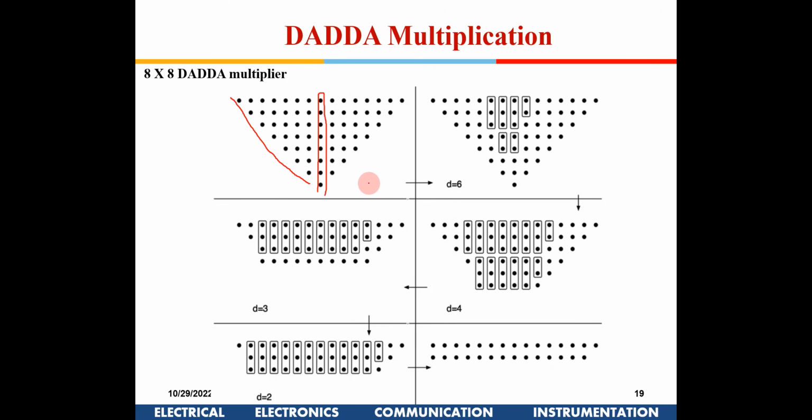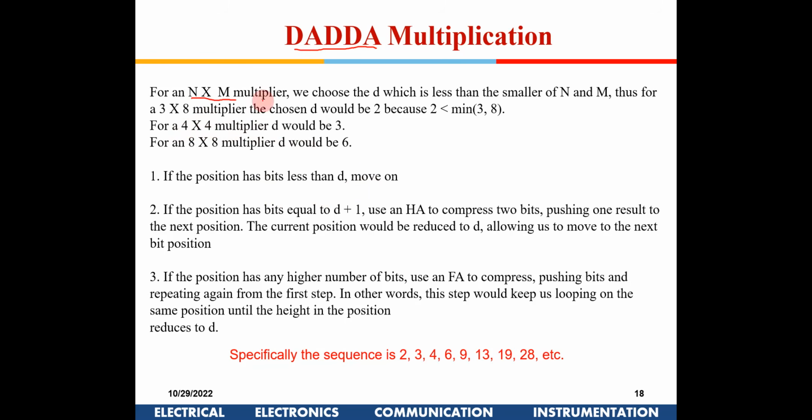How to compress it? He has given a formula that if it is an n into m multiplier, we choose d which is less than the smaller of n and m. If you are doing 4 into 4 multiplication, d has to be less than 4, so minimum 3.